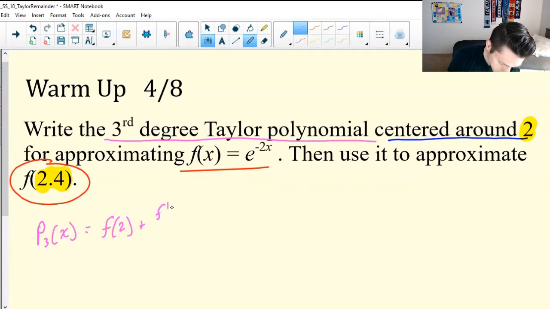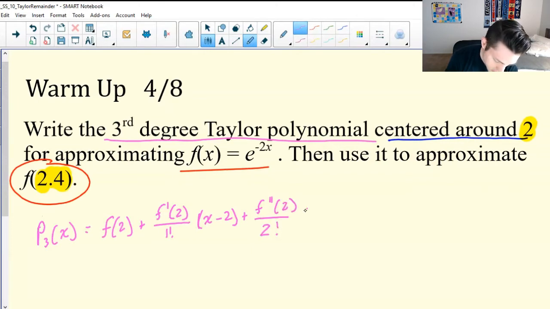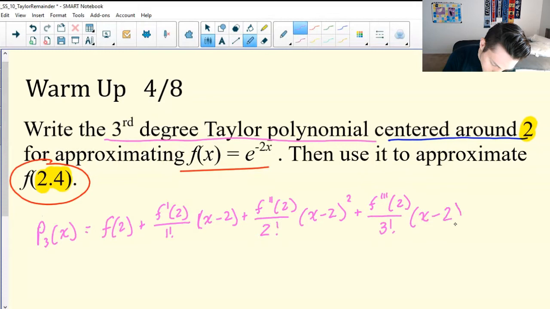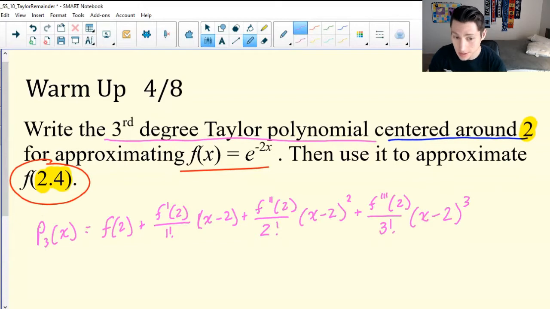Then we go to f prime of 2 divided by 1 factorial times x minus c, plus f double prime of 2 over 2 factorial times x minus c squared, plus f triple prime of 2 over 3 factorial times x minus c, which c in this case is 2, cubed. So this essentially is the Taylor polynomial.